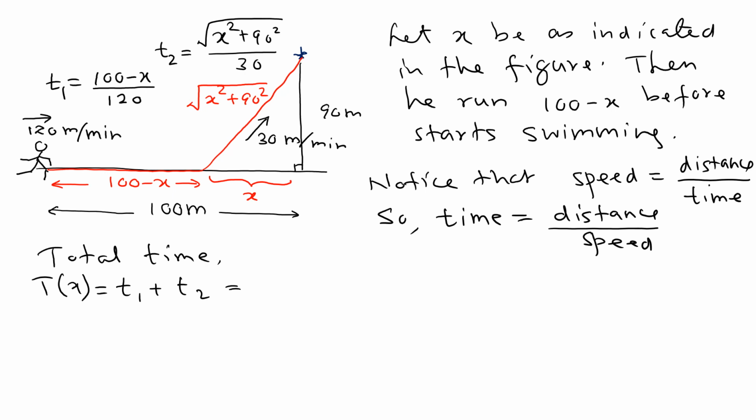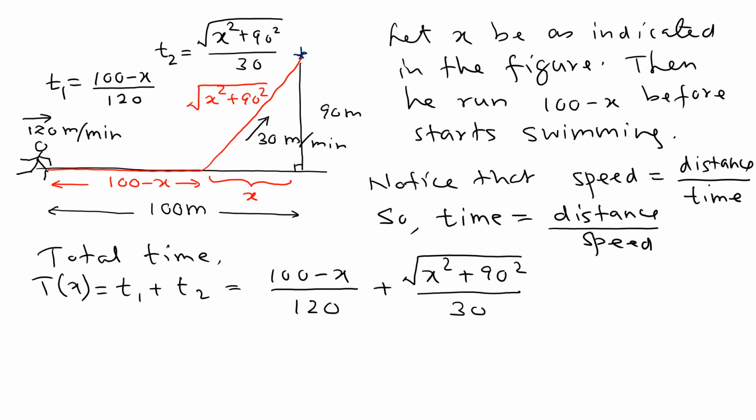It's the sum of the two: 100 minus x over 120, that's the first one, plus the square root of x squared plus 90 squared divided by 30, that's the second time. So that's the total time, the formula we are looking for.